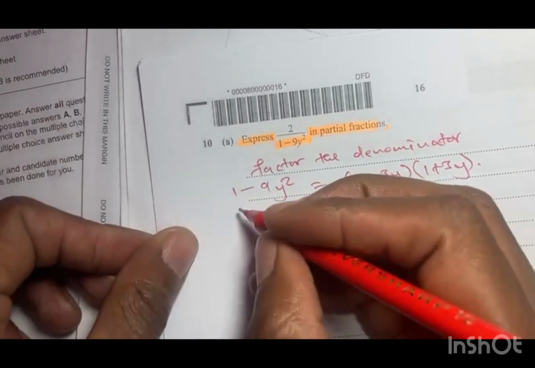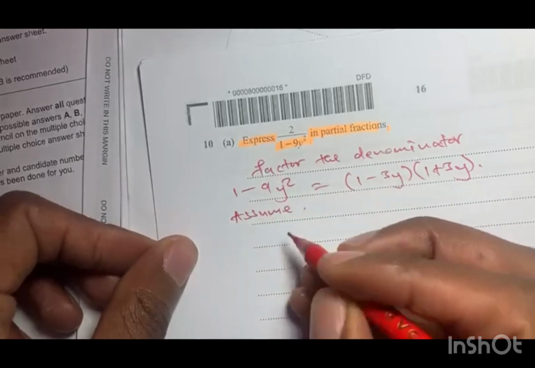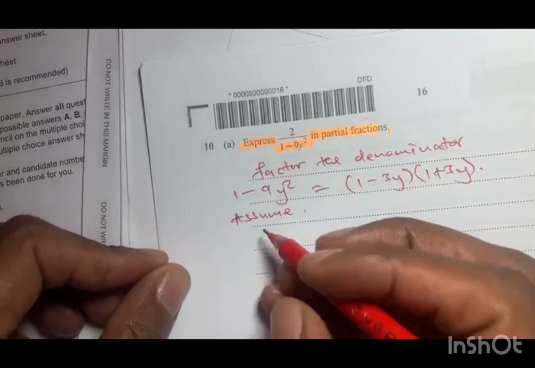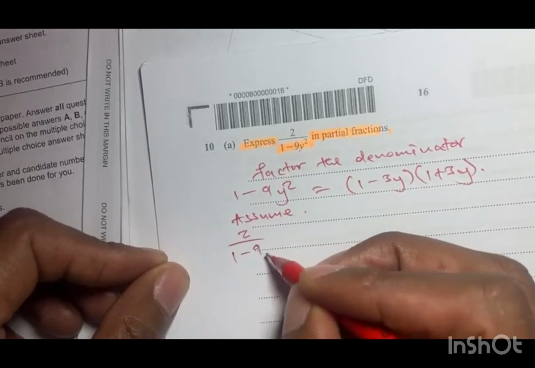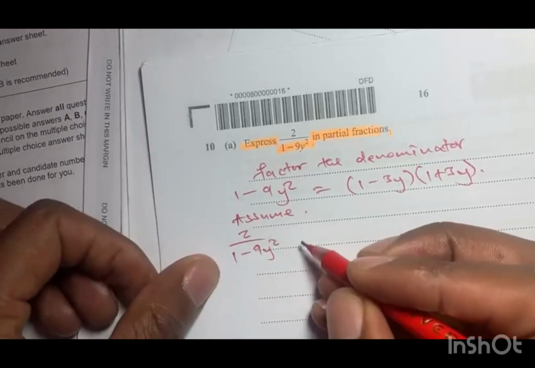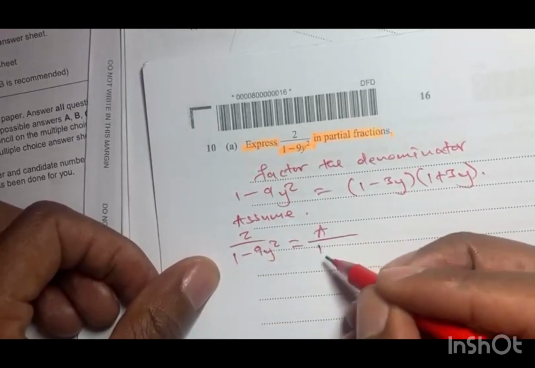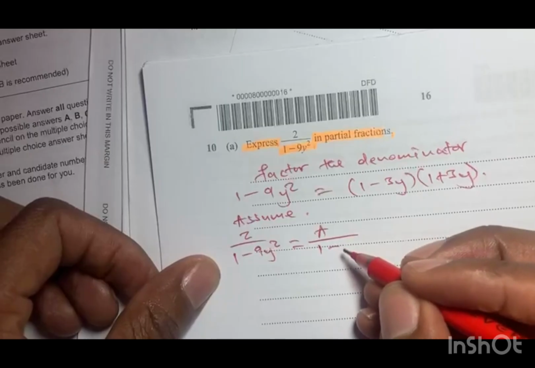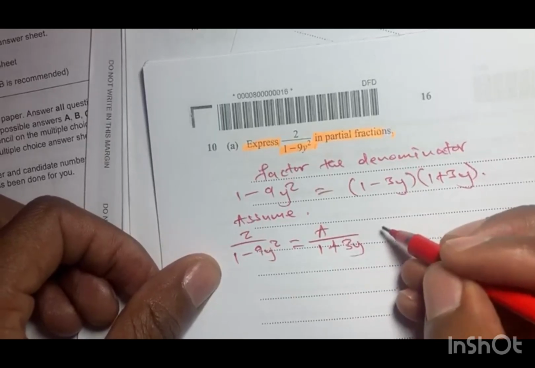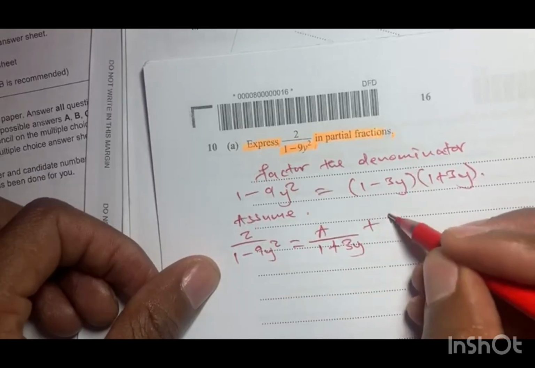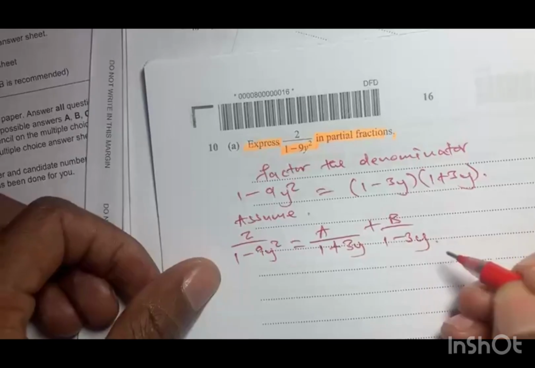Then we are going to assume that 1 over 1 minus 9y squared is equivalent to A over 1 plus 3y plus B over 1 minus 3y.